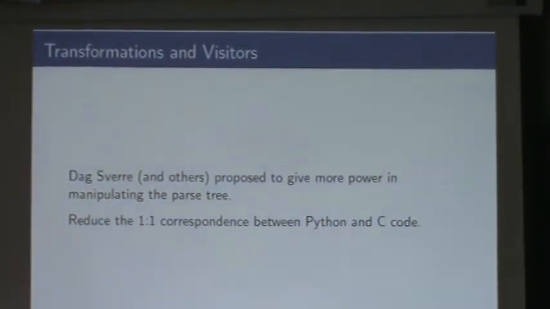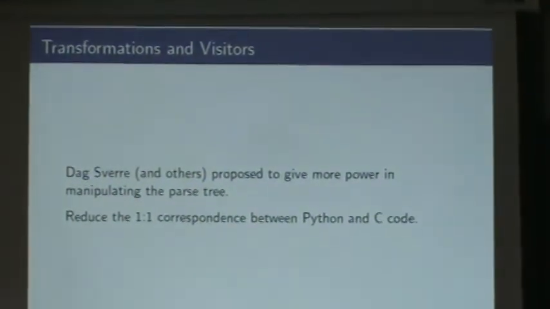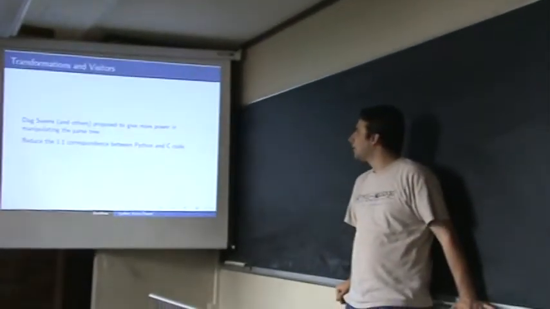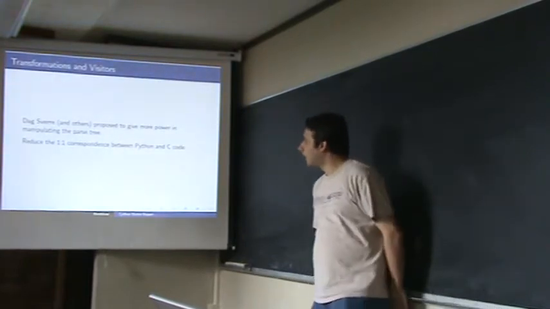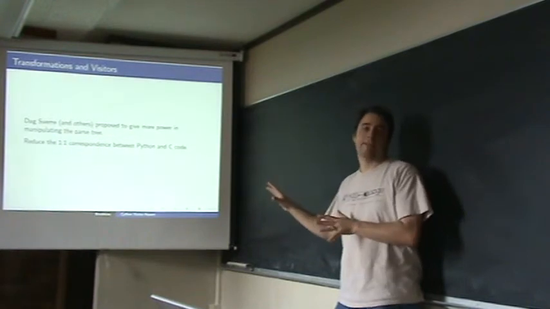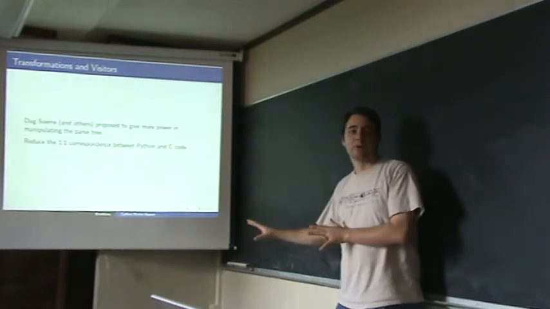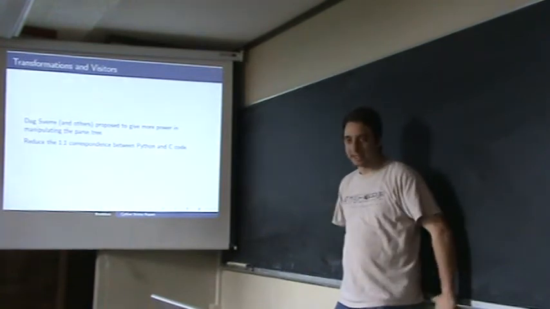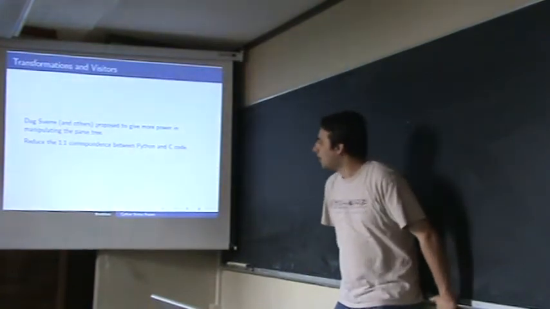So there have been several suggestions to take things to a new level of using transformations and also moving to a visitor model. These look like they have advantages, but we don't want to do a whole rewrite of the system. That would probably be more of a disadvantage than an advantage.